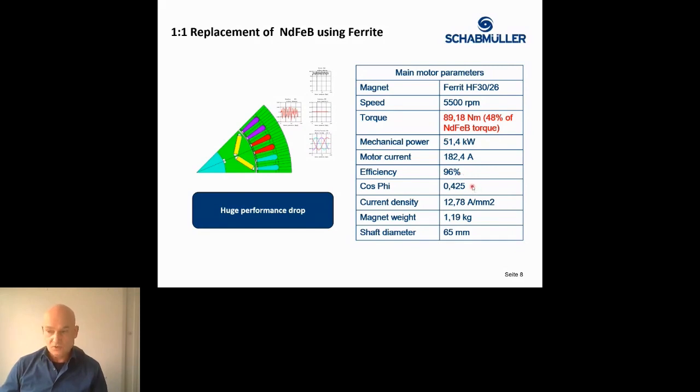Power factor was dropping. We are working at the same current density. The magnet weight is a little bit less because of the lower density of the ferrite material. Shaft diameter is still the same. So just replacing with ferrite with no change in geometry of the magnetic circuit, the torque and the power will go down to about 50% of the original value.